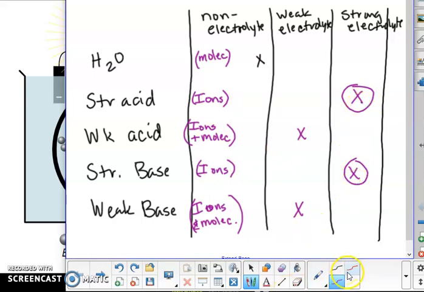The weak ones have a mixture; they are only partially ionized. That's what makes them weak, because there are not as many ions in there to conduct the electricity. And the water has so few ions in it that it can't even conduct electricity enough for us to see. So that's the big picture of that.